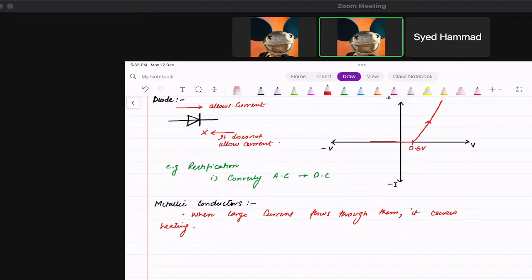And the reason is that due to the increase in temperature, the lattice vibrations increase.